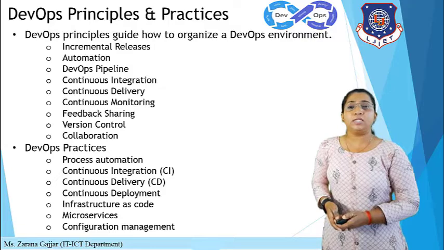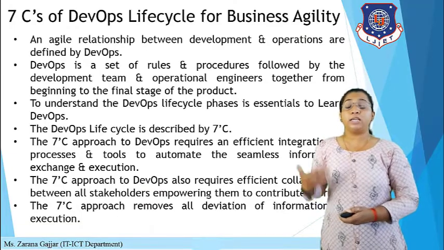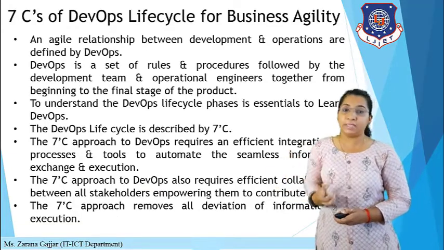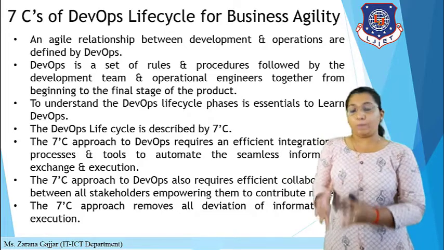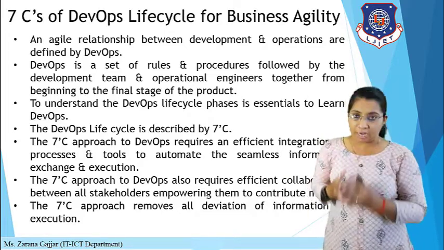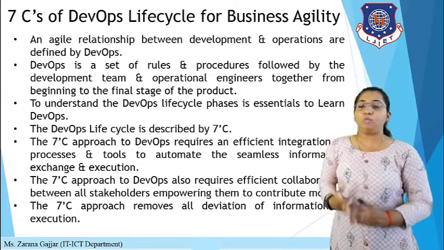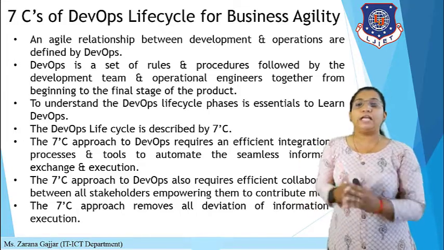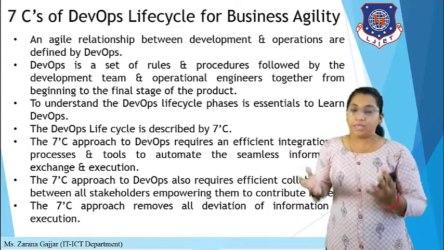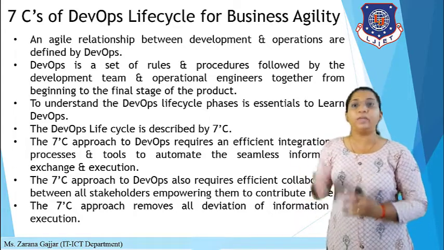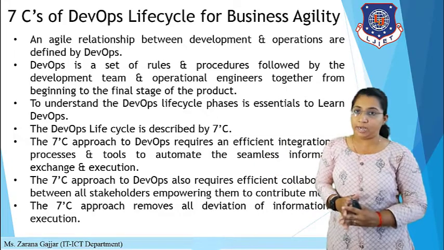Now let's discuss the 7 C's of the DevOps lifecycle for business agility. If you are adopting a DevOps environment in your organization, what are the main factors? There are 7 C's that play a vital role in any organization adopting a DevOps environment.